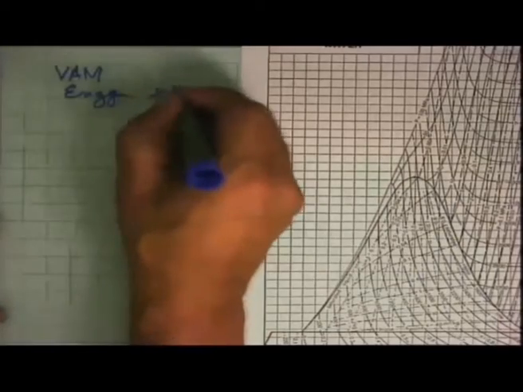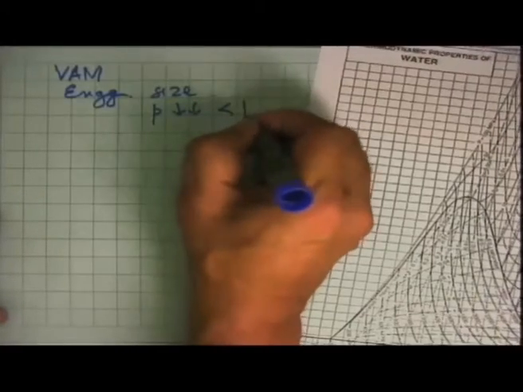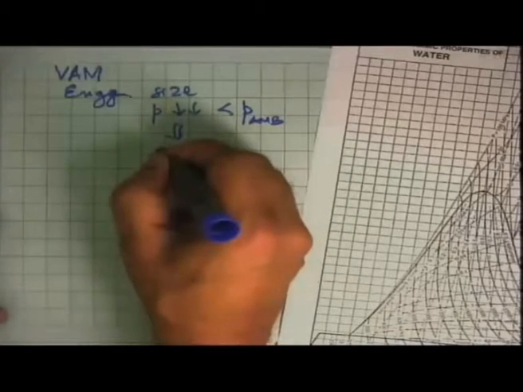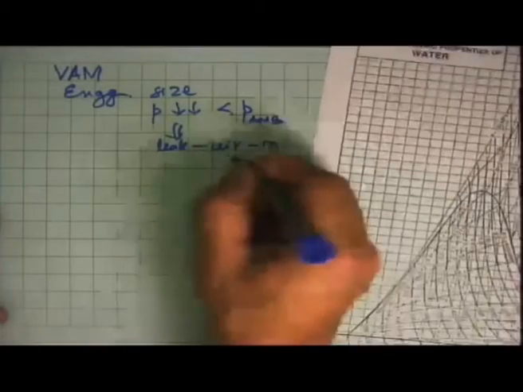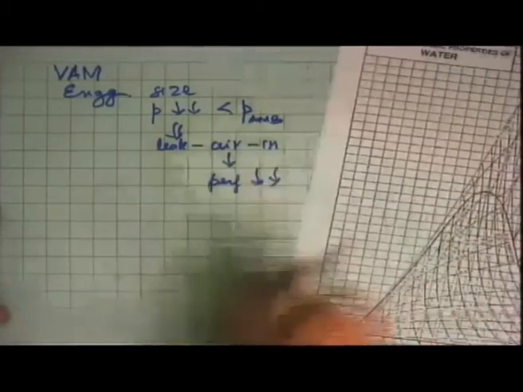Now, firstly was size. The second thing, all these property diagrams tell us that pressures of water will be very low, much less than the ambient pressure, which means that I can always expect leakages, and the leak will be air into the system. And once air leaks into the system, the partial pressure of air goes up, the performance of the system drastically goes down, and we have a big problem.